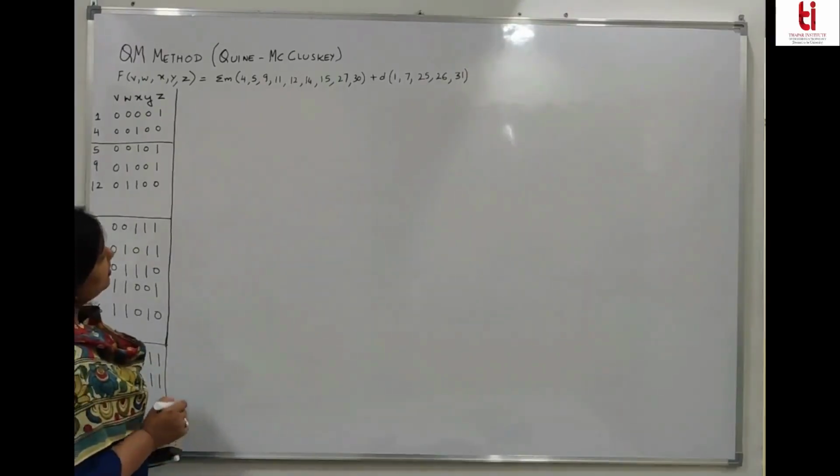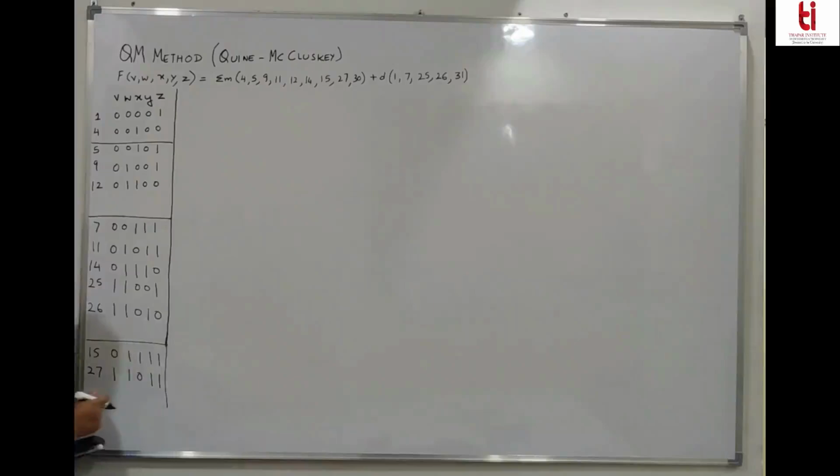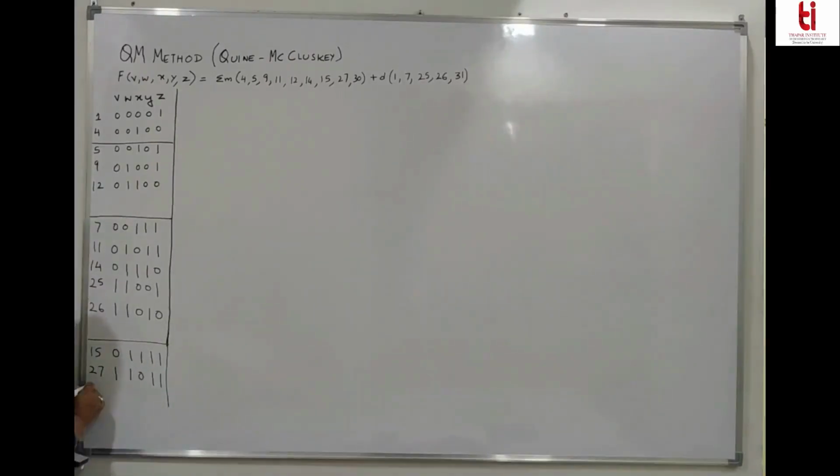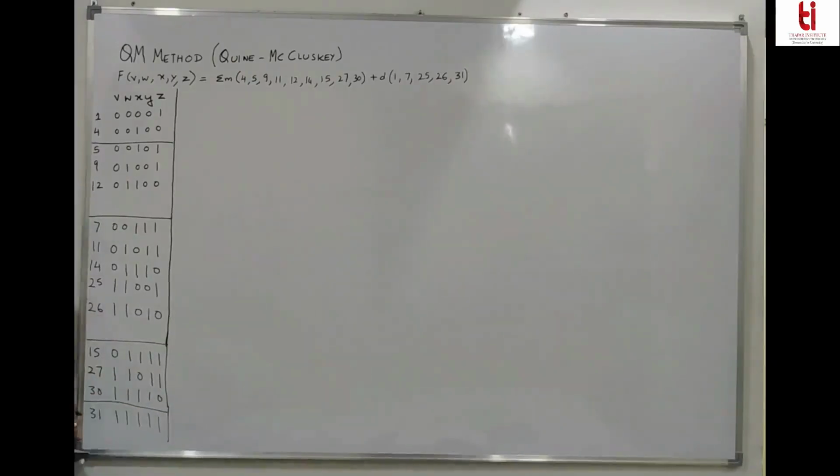Then 25, 26, 27, 30. What is 30? 16 plus 8 is 24, plus 4 is 28, plus 2 is 30. And 31 is all ones, so this is 5 ones.